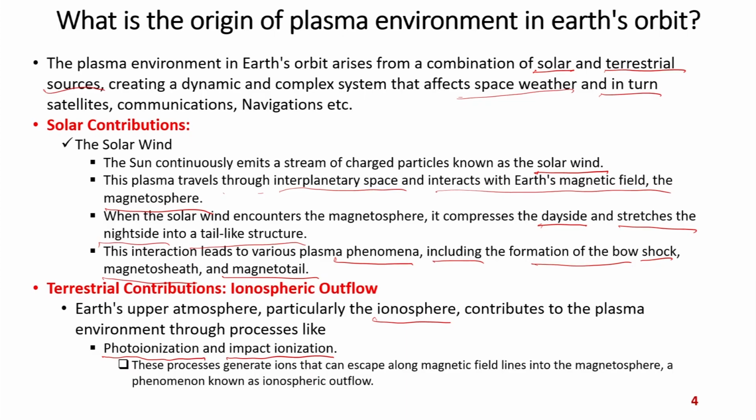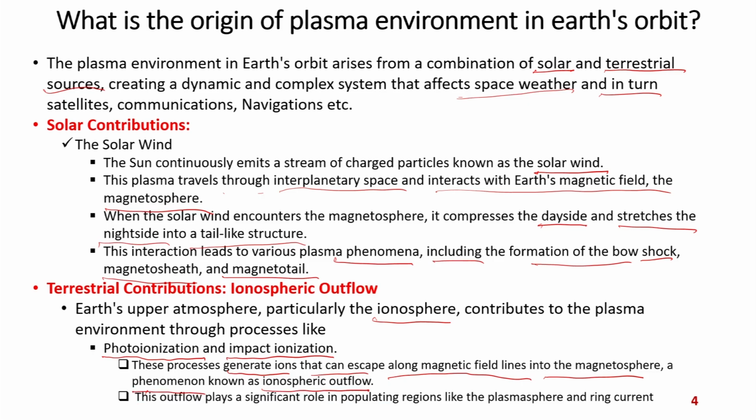These processes generate ions that can escape along the magnetic field lines, because, as you have already seen from the properties of the magnetic field lines, these charged particles can get trapped by Earth's magnetic field and escape into the magnetosphere. This phenomenon is known as the ionospheric outflow.